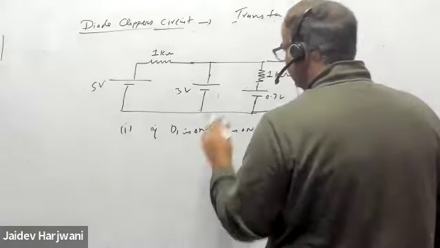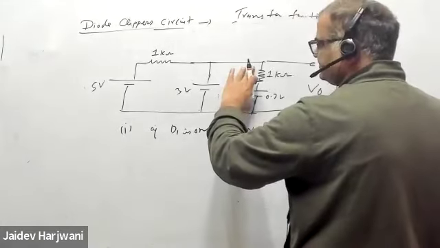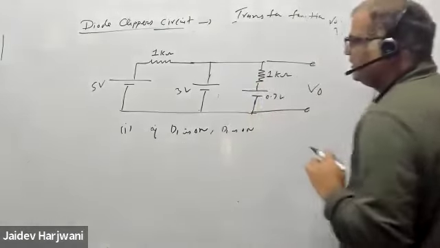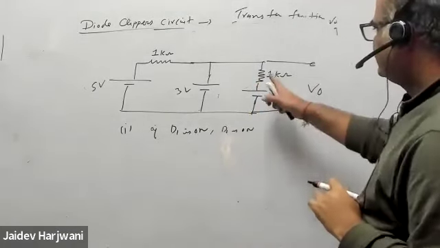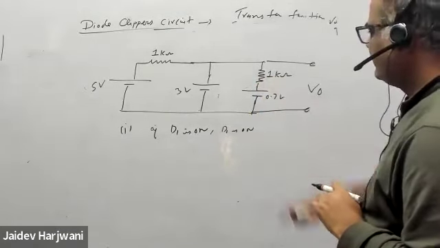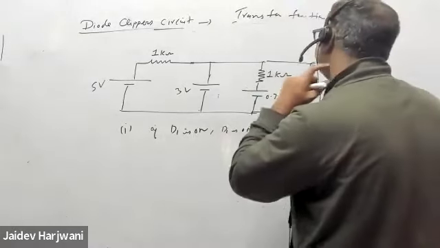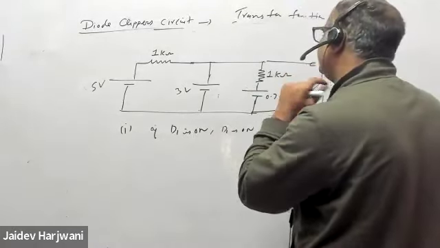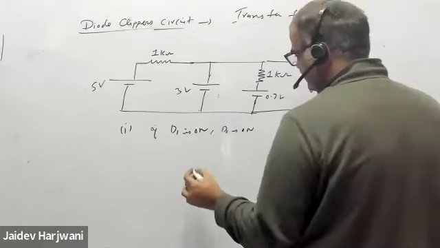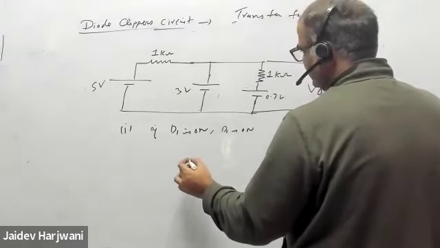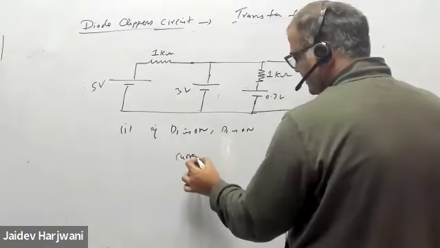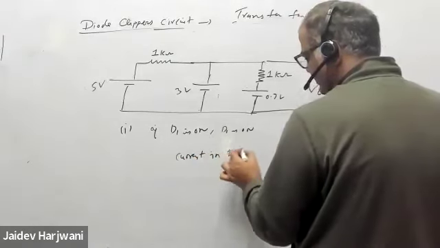So this is 3 volt here. Tell me what is the current here in the 1 kilo ohm?